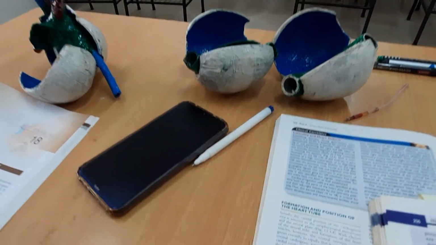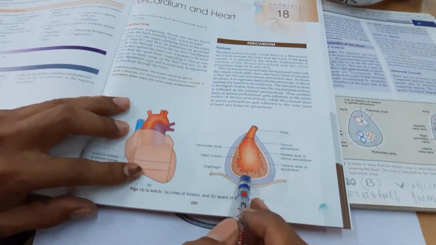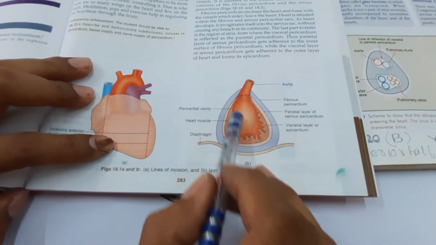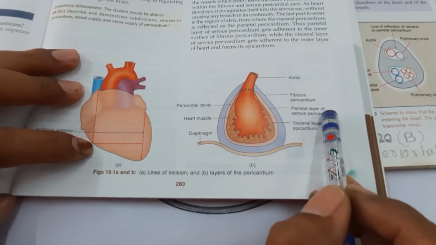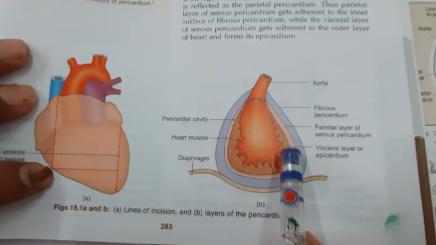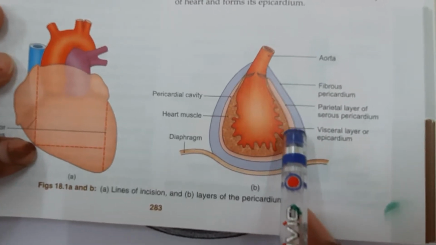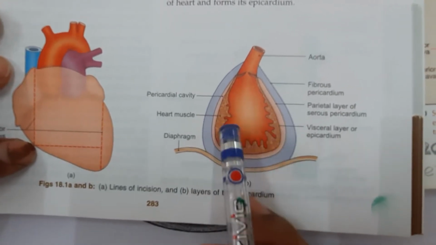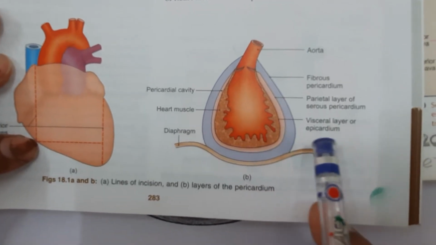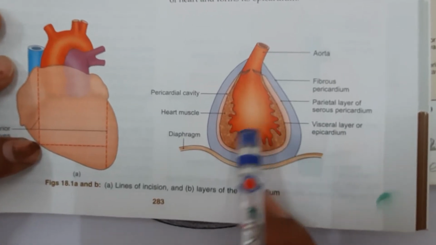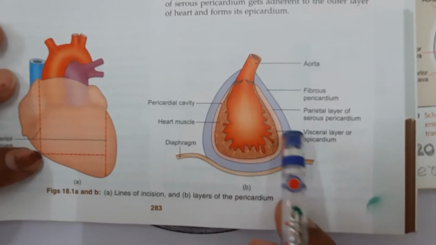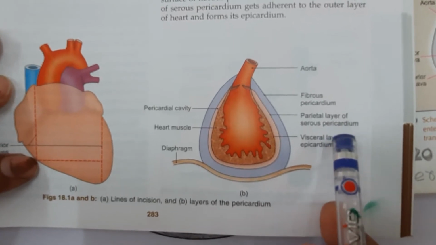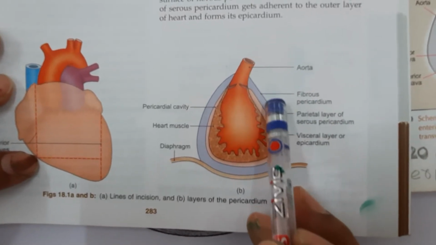Here in this book also, the I. B. Singh gross anatomy, we can see the heart and pericardial cavity. Externally is the parietal layer of serous pericardium, and internally is the visceral layer of the serous pericardium, which is adherent to the heart tube. Externally, the parietal layer of serous pericardium is adherent to the outer fibrous pericardium.